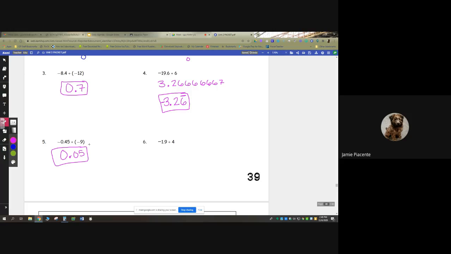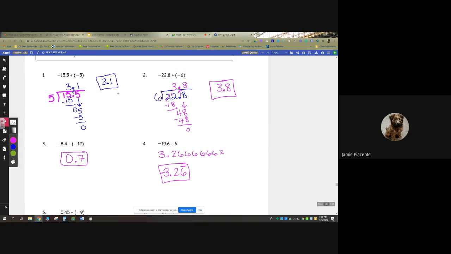And finally, number 6, -1.9 divided by 4 gives me negative 0.475. So again, we're not requiring any work from these. We're more looking for that you know how to type them in the calculator. But if you don't have your calculator, you do need this skill. This is all review from 6th grade. The only new part is applying the integer rules.